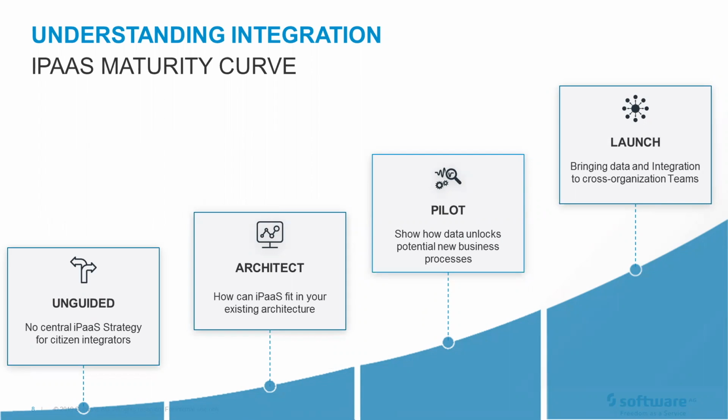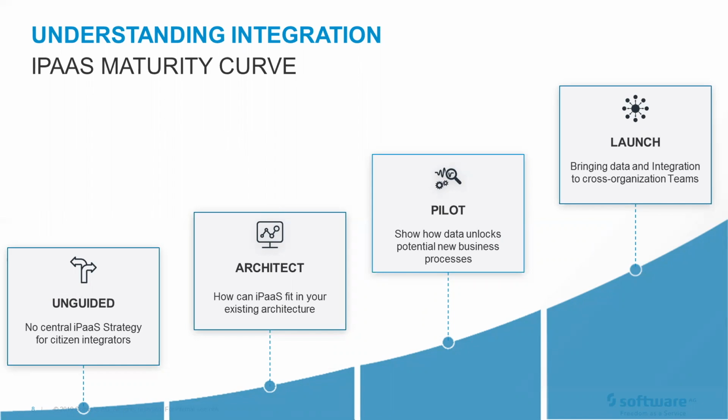So our challenge here is to move up the maturity curve and spend that time as an architect or integration developer to see how iPaaS can fit in your existing architecture. Come to us with a lot of the challenges around availability, scalability, security. Challenge our iPaaS, our managed service, around these specific goals and really tee up your organization to start a pilot. That's next on this maturity curve.